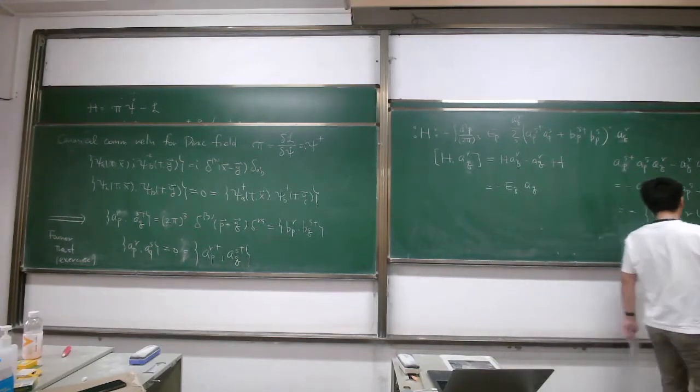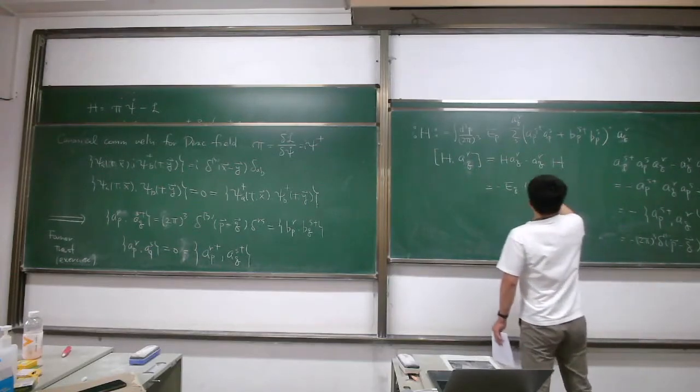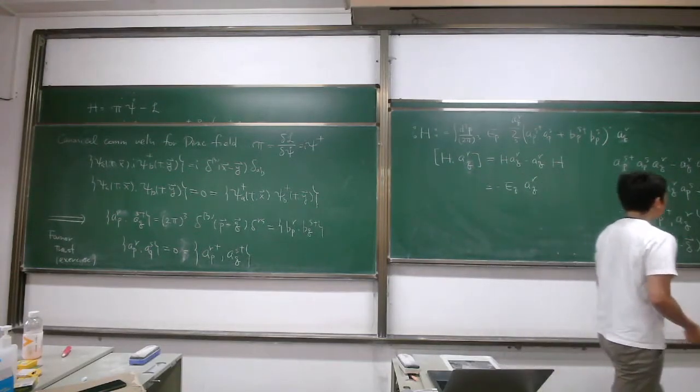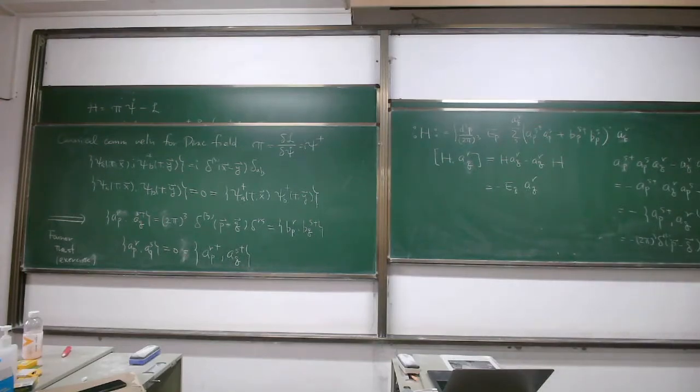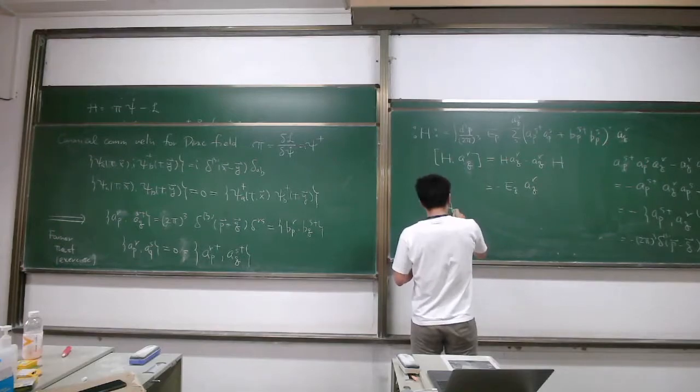Sorry, I think I should put delta R S. Do you understand what I mean? Are you following? Similarly, you can do the same thing for A dagger.